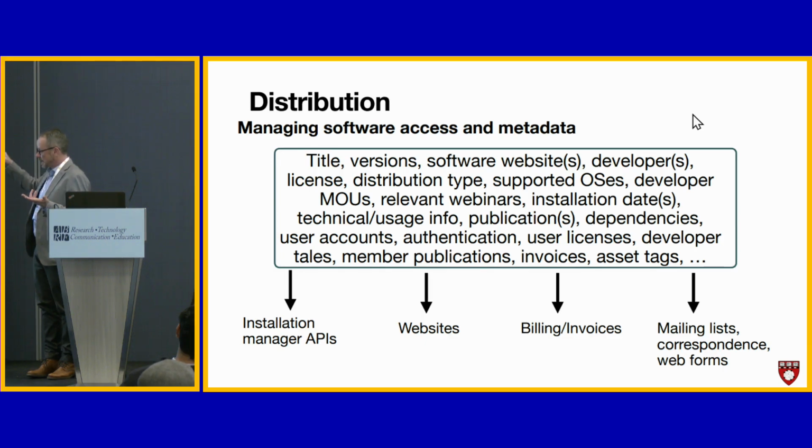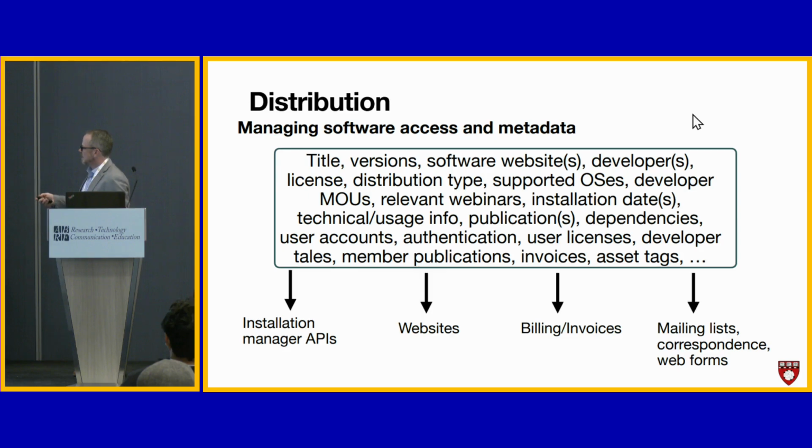We keep the publications, all of the dependencies, the other titles they rely on. We also use it to manage user accounts so they can access it, and authentication for those accounts. They're all individually licensed, so they all need to have that. We have stories about our developers that go on our website. We keep publications for all of our members. We invoice people. We asset tag. I'm sure there are more things.